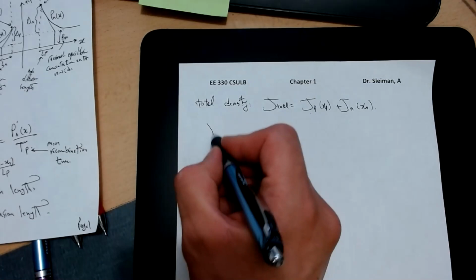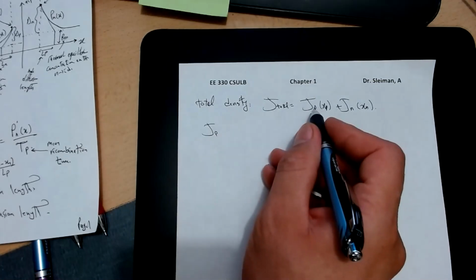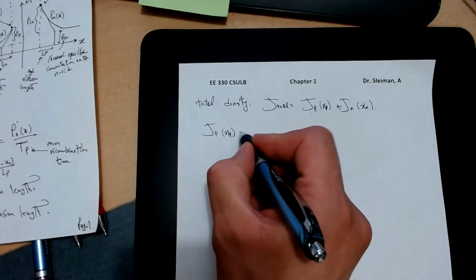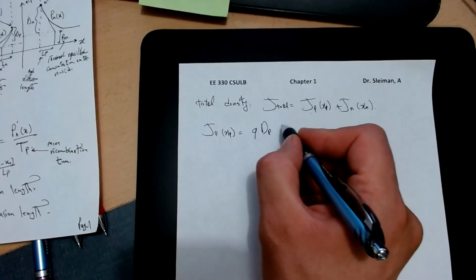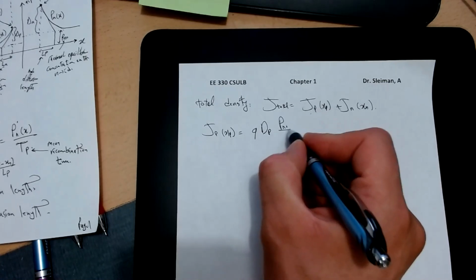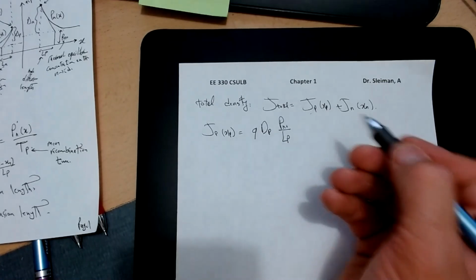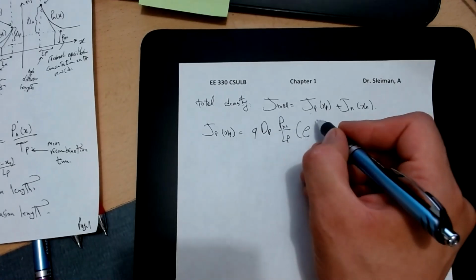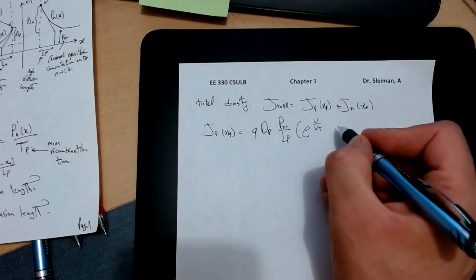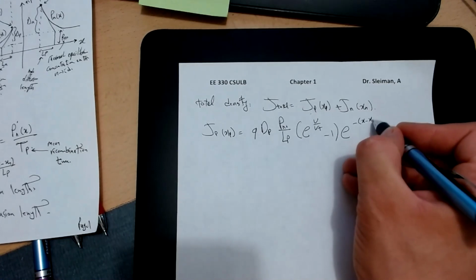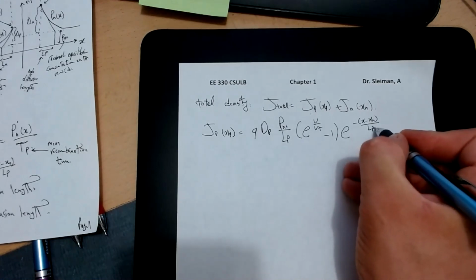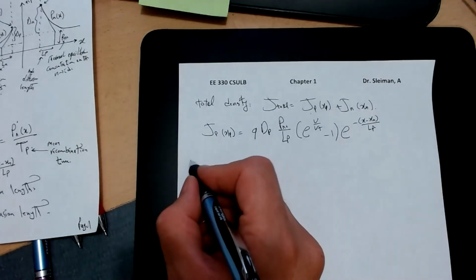So knowing that Jp(xp) is equal to q Dp pn0 divided by Lp (e^(V/VT) minus 1) times e^(-(x minus xn)/Lp) at the same.